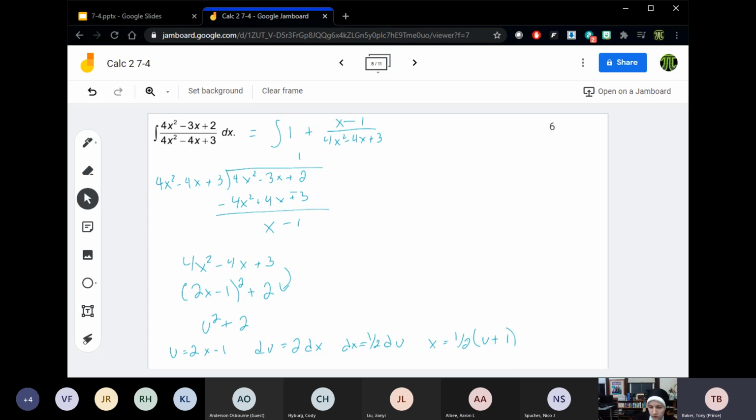All right. So I'm going to change my whole integration now. We're going to pull this: the integral of 1 is just x, so I'm going to pull that out. So I have the integral. The x is 1/2 u plus 1 minus 1 over u squared plus 2 times 1/2 du.